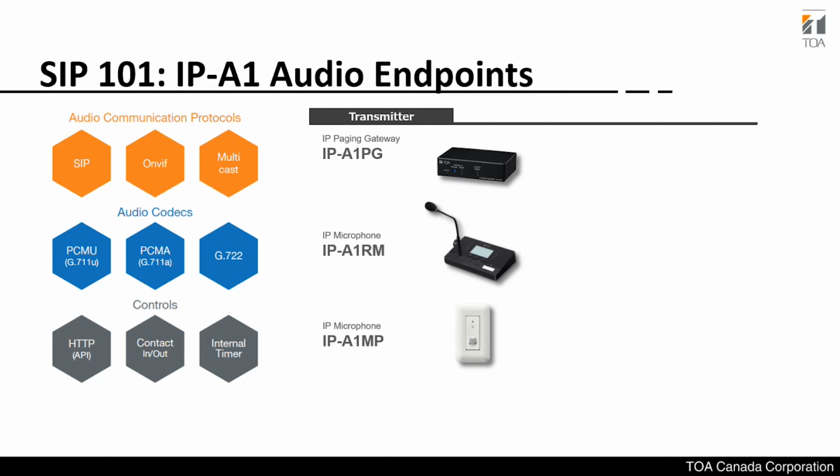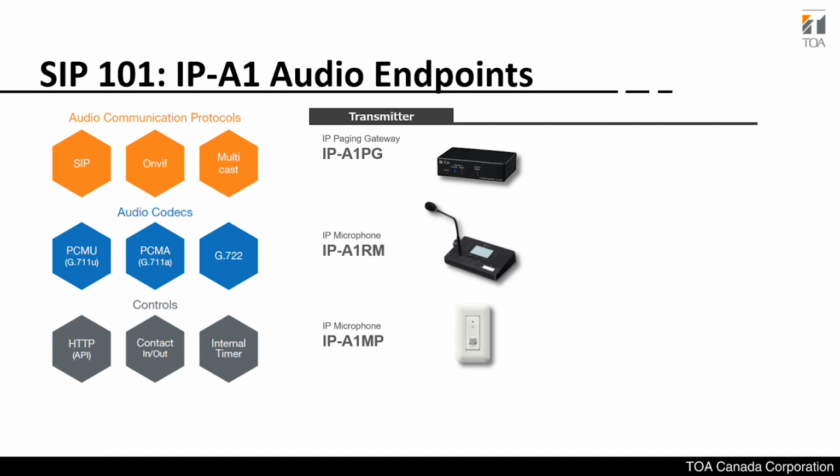It also supports ONVIF protocols that are widely supported by video management systems and video surveillance, and can have other features like scheduling and onboard pre-recorded messages, so it's a widely versatile unit. The IP microphone, IP1RM, is basically the IP1PG with a microphone, buttons and screen. So it can do almost the same as the PG.